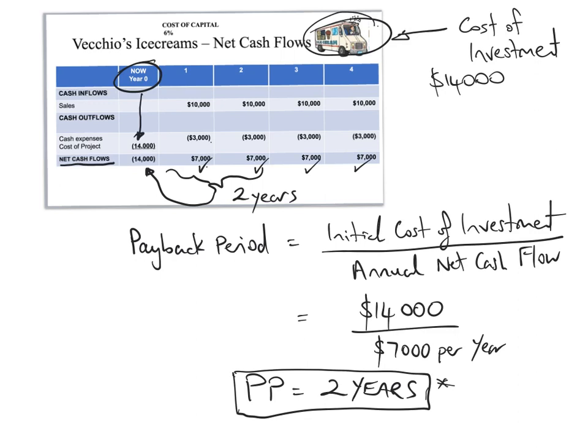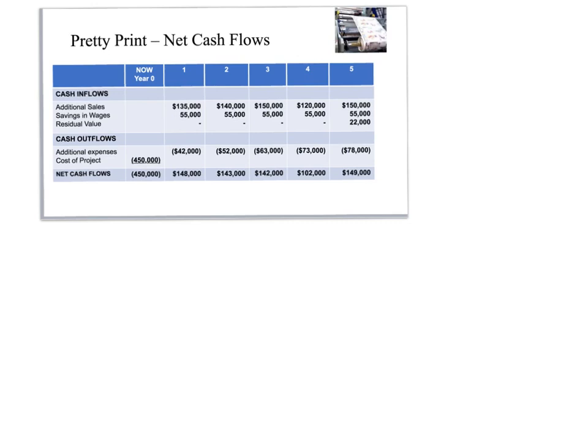So let's have a look at a more complex example. Let's say that this company called Pretty Print has got a whole lot of machinery in its warehouse, and now they have discovered that there's a brand new piece of machinery on the market that prints these colour products in glossy materials and comes up with a better magazine at the end of it all.